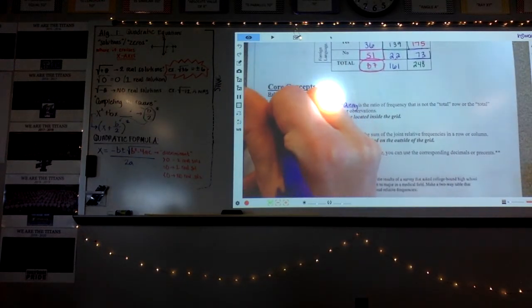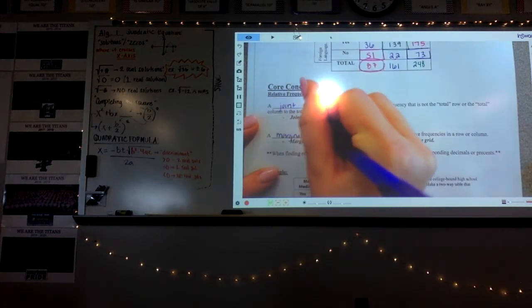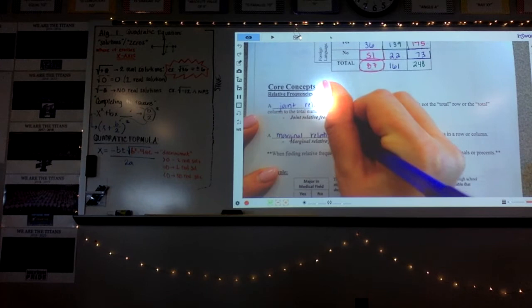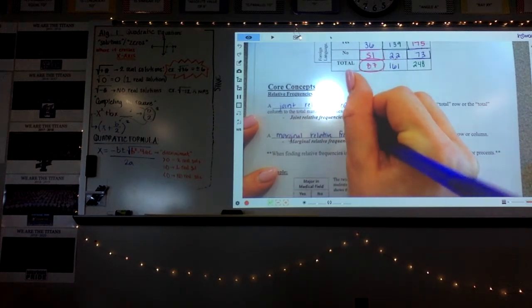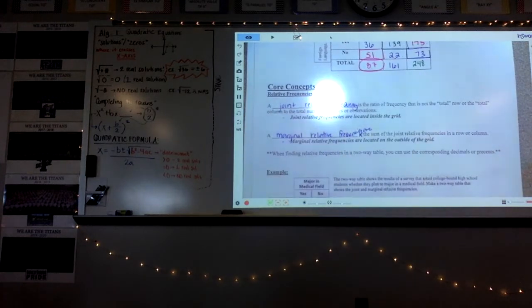The marginal relative frequencies are the sum of the joint relative frequencies in a row or column. So if I said, what percentage of students said yes, they're taking a foreign language, you would take 175 divided by 248, and there's your marginal relative frequency.